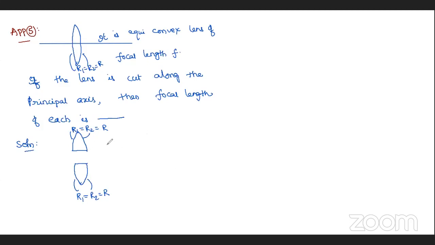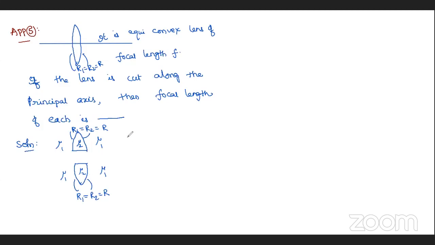Aperture length will be changed. Refractive indices mu1 is same and mu2 is also same. Refractive indices are not changed. Radii of curvature are not changed. Only one thing, aperture length, will change.